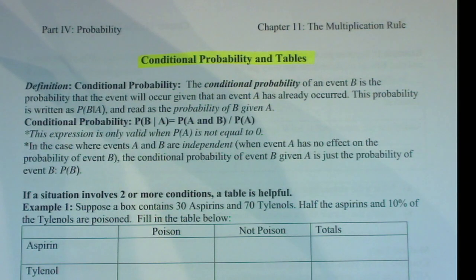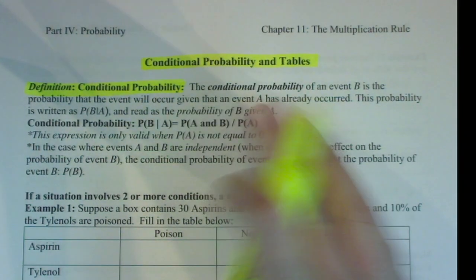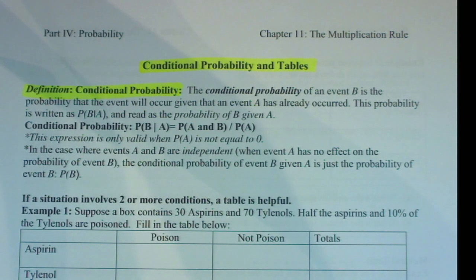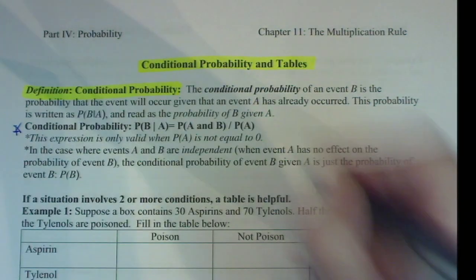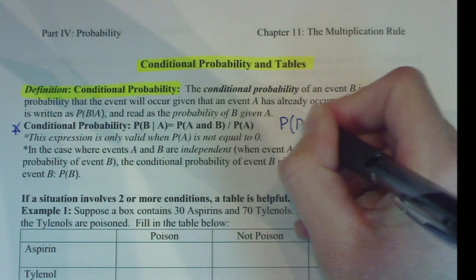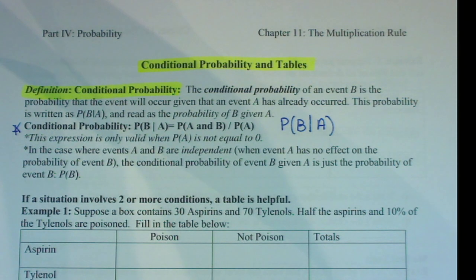So the definition, what I mean by conditional probability is this. It says the conditional probability of an event B is the probability that the event will occur given that A already happened. So conditional probability right here is written as the probability of B given A. So the line, the pipe symbol, means given in statistics.